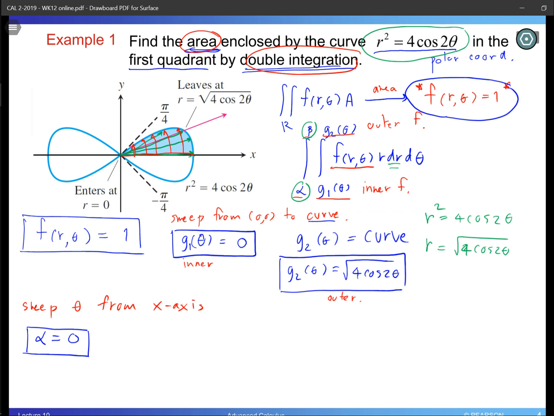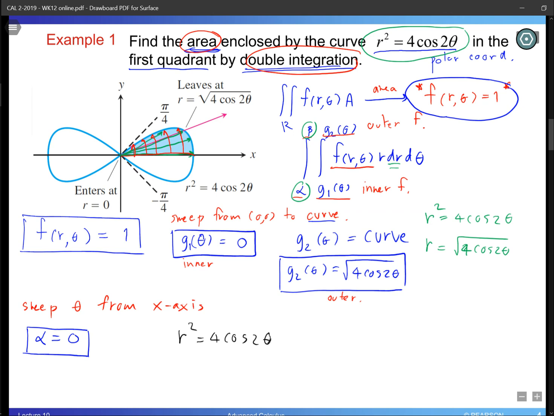Now what about beta? It turns out that beta here is a little bit tricky to compute. Looking at this, each line sweeps differently. Is this supposed to be pi over 2? Is this supposed to be pi over 4? So we have to find out about this range of angle. In order to do that, we are going to use this equation, r squared equal to 4 cosine 2 theta.